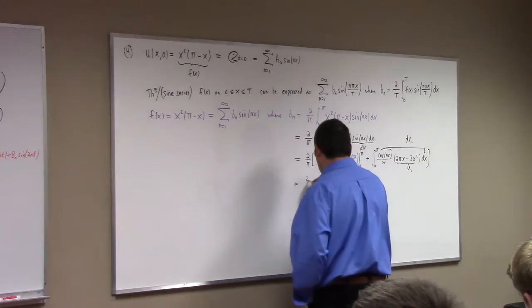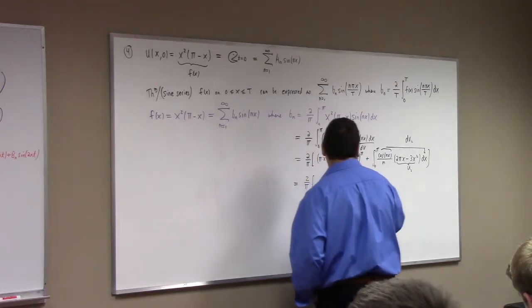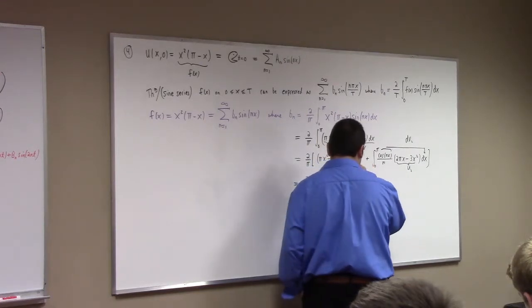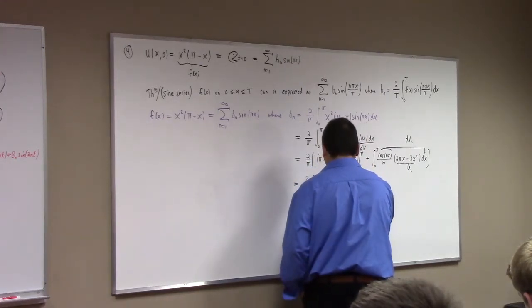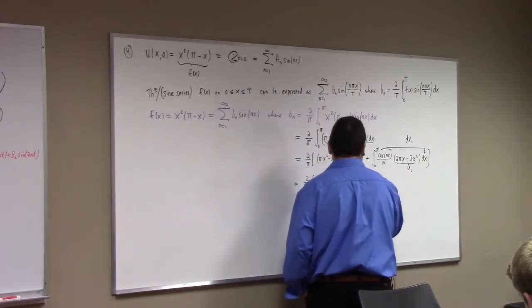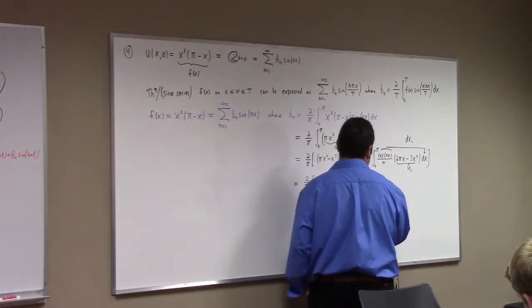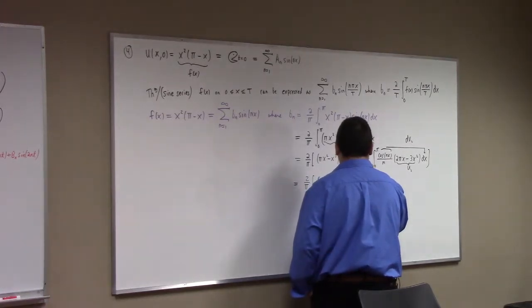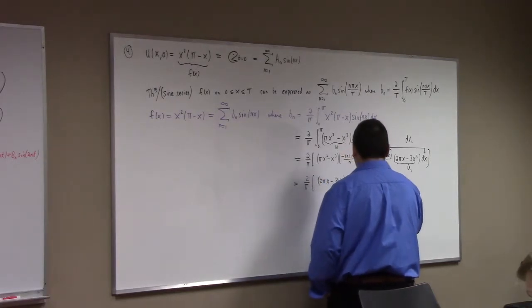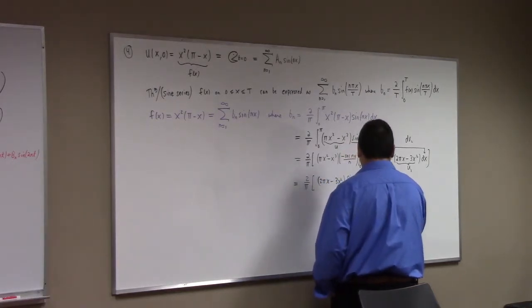So I have 2 over pi. And what do we got? 2 pi x minus 3x squared is my u. What's the integral of cosine nx over n? That is sine nx over n squared. Still got to evaluate this from 0 to pi.